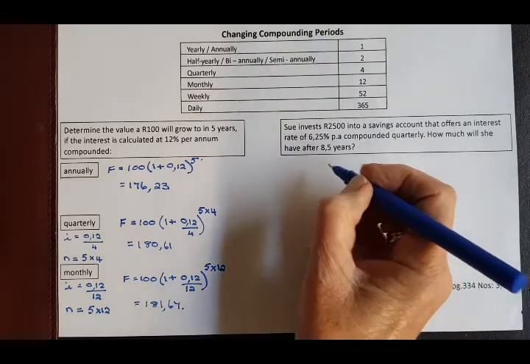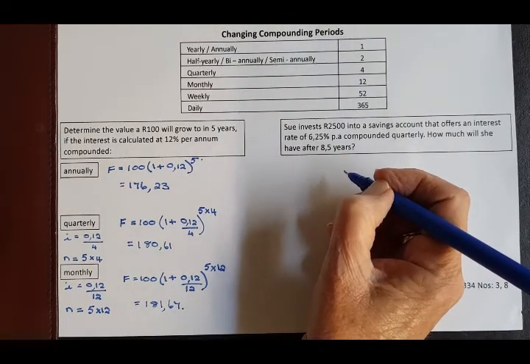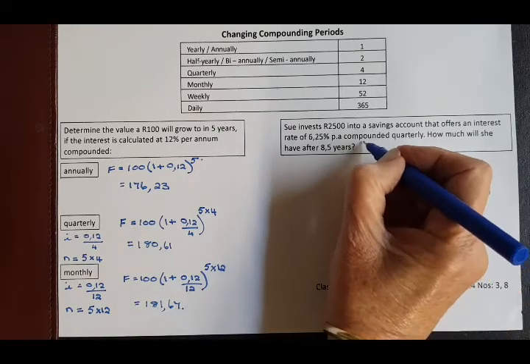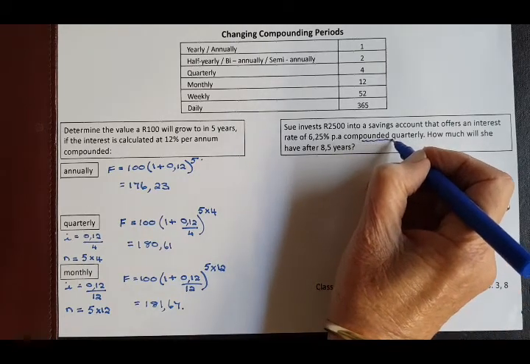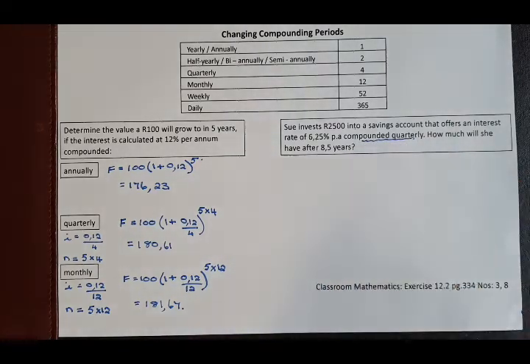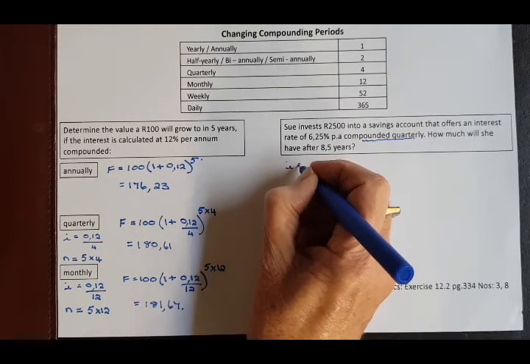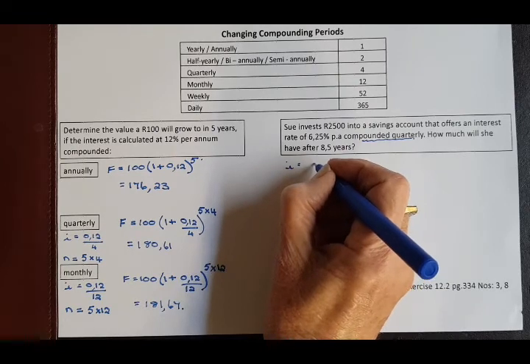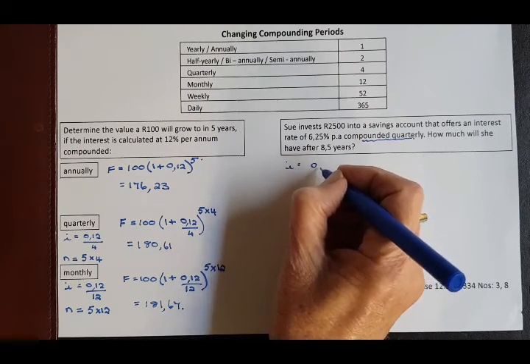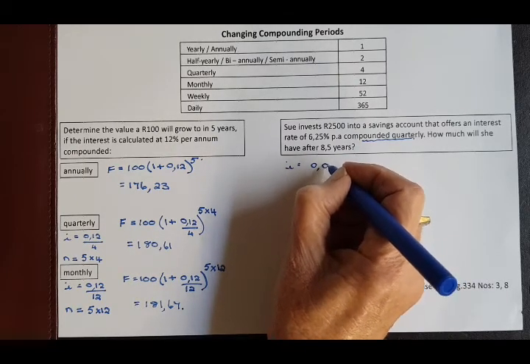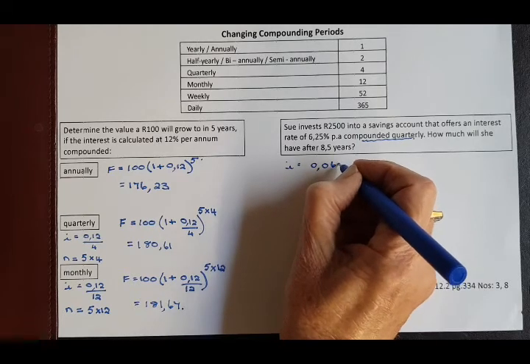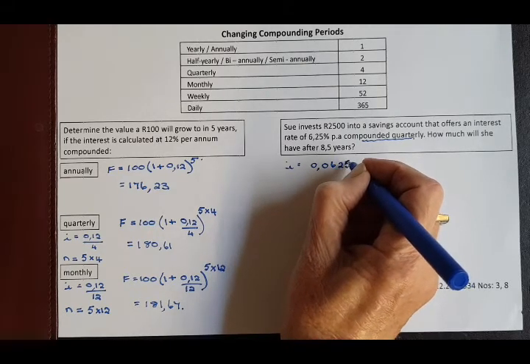Okay, so we're going to use our future value formula over here. The most important thing in this sum is to look for your compounding period. Okay, because your interest in this particular case is going to be 6.25%, 0.0625.